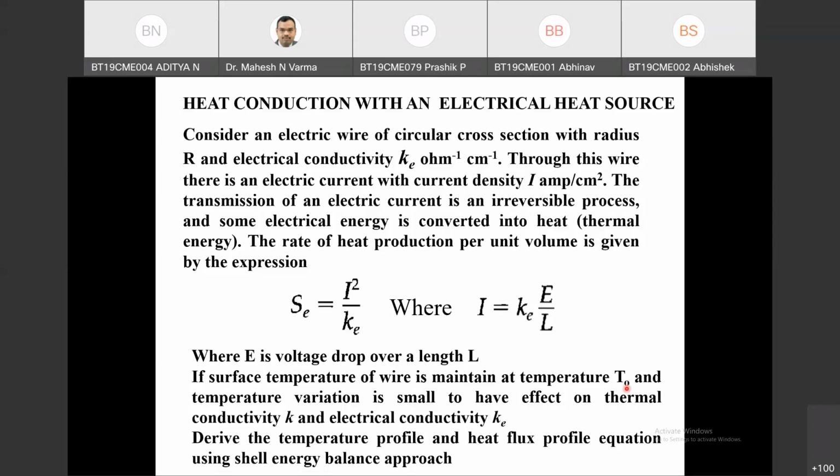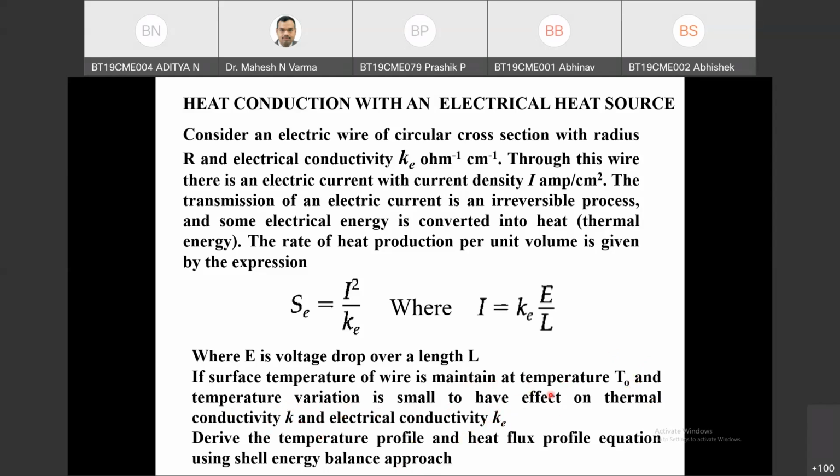And the temperature variation is small, because heat is transported by thermal conductivity and current is transported by electrical conductivity, and these are functions of temperature. But we are considering that there is a rise in temperature in this wire, but it is assumed that thermal conductivity and electrical conductivity are constant in this temperature range.